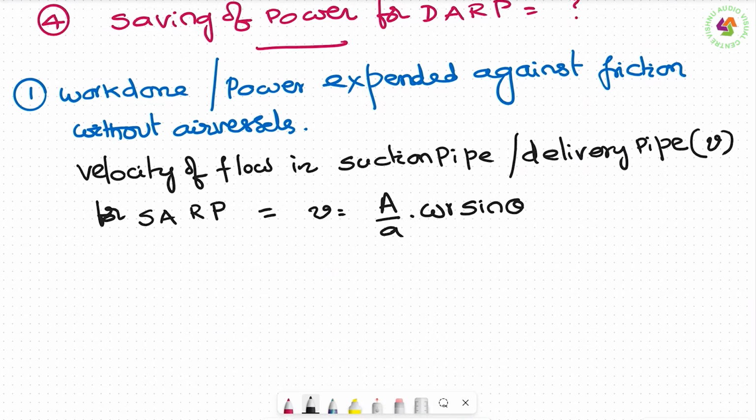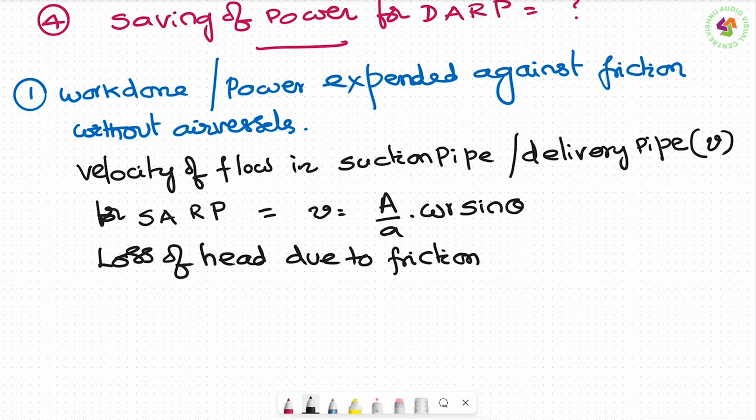Therefore, loss of head due to friction is equal to f l v square by 2 g d.